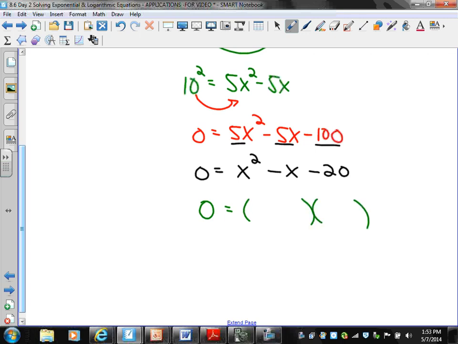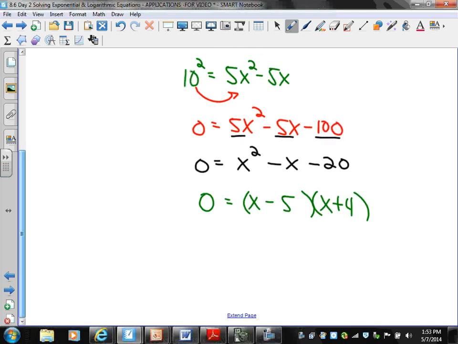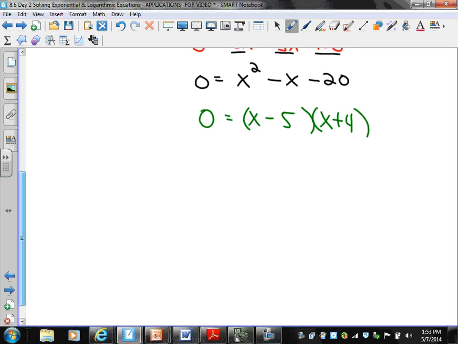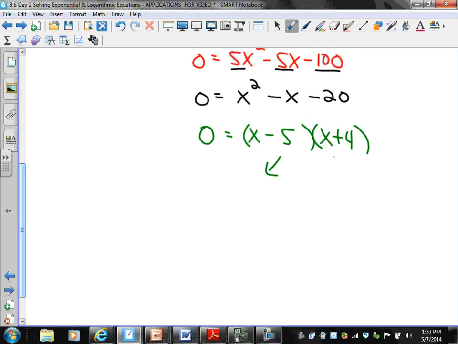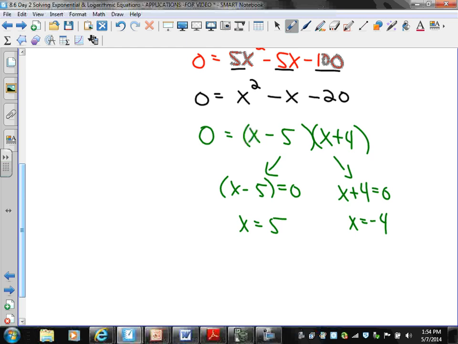It factors to x minus 5 times x plus 4. I can split this into two because these multiply to get 0. You guys know how to do this. x equals positive 5, or x plus 4 equals 0, so x equals negative 4. So I get these two solutions of 5 and negative 4.